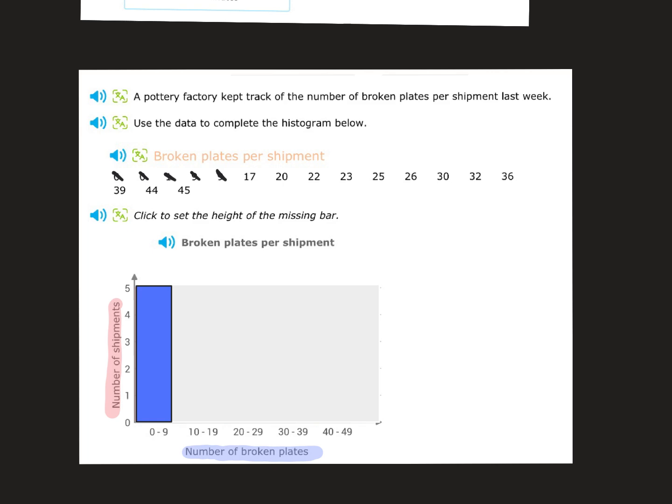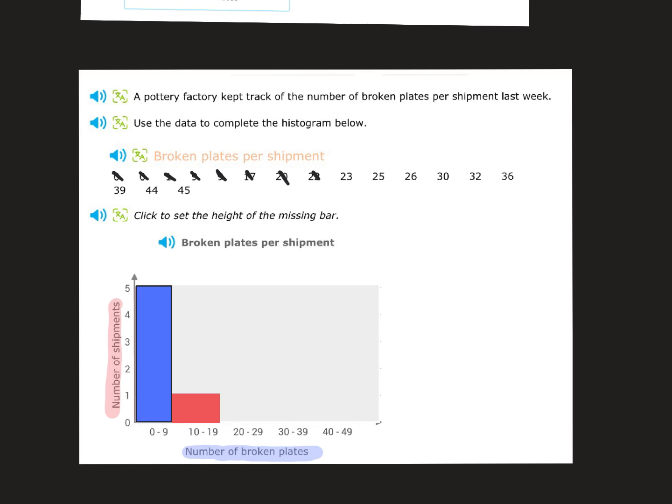All right, and then 10 to 19, 1. So then I'll do this one as red. 1. And then our next category, we have 20 to 29.